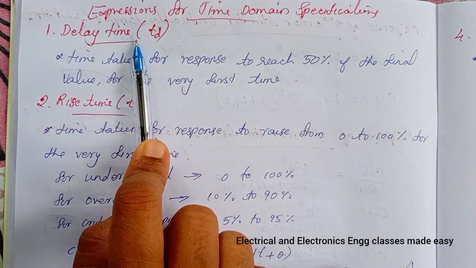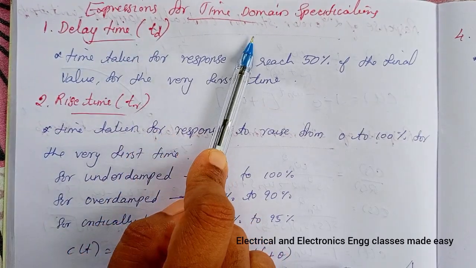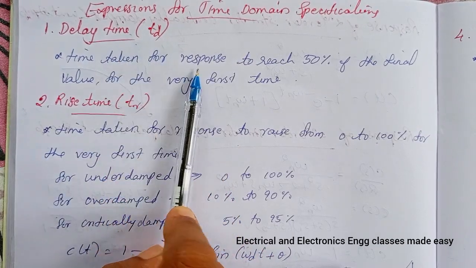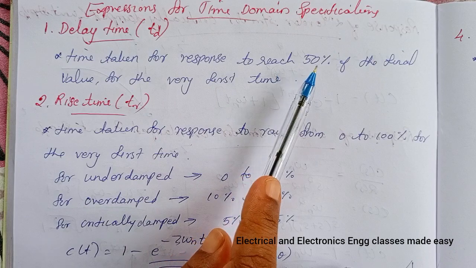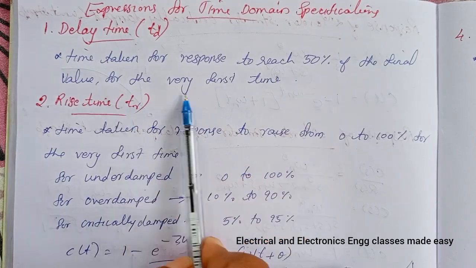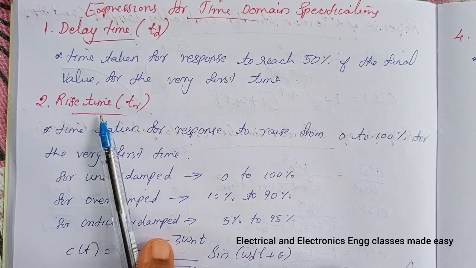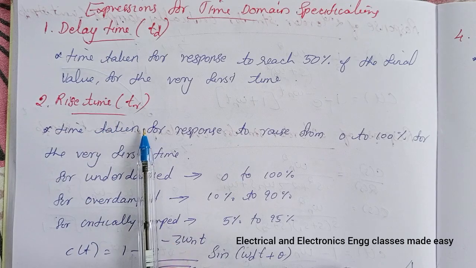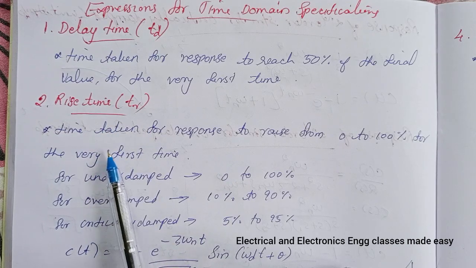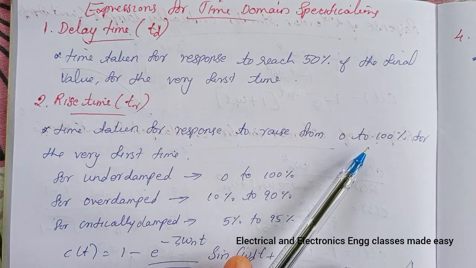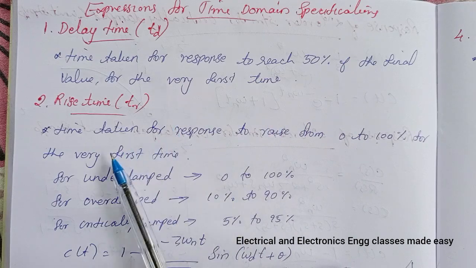Let us take the expressions for the time domain specifications. First one is delay time, the time taken for the response to reach 50% of the final value for the very first time. Second one is rise time TR, the time taken for the response to rise from 0 to 100% for the very first time.